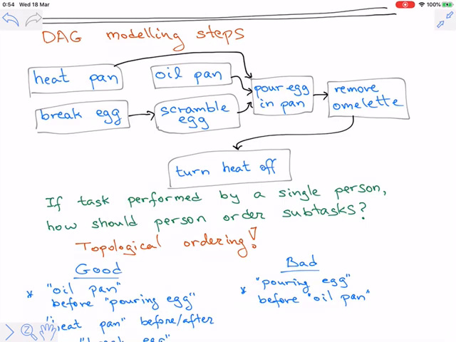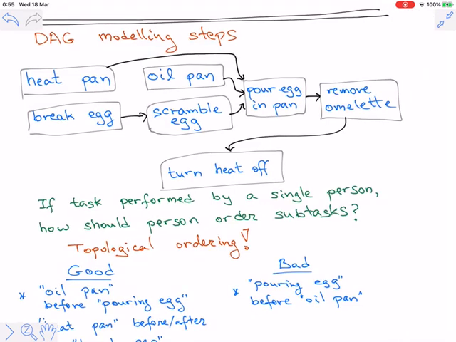Now, there are directed edges between these subtasks of preparing an omelette, right? What do these directed edges signify? Well, what they signify is precedence. So if I have a directed edge between heating the pan and pouring the egg into the pan, this means that I need to heat the pan before I pour the egg in the pan.